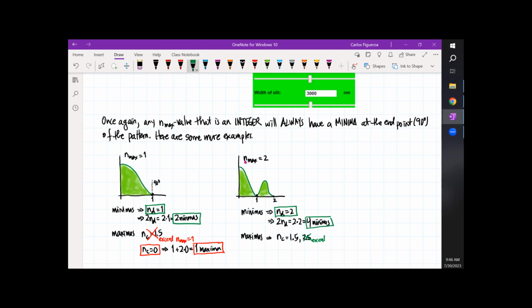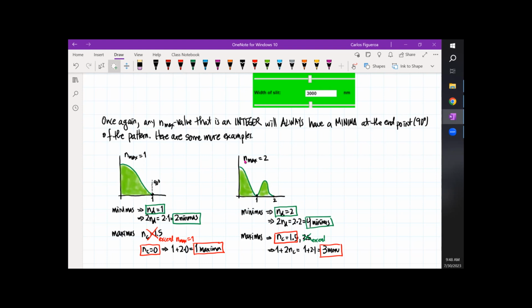So this guy is my NC value, which then says I have 1 plus 2 NC. So this gives me 1 plus 2 times 1. So I'm going to have 3 maxes. And I can just keep going on.